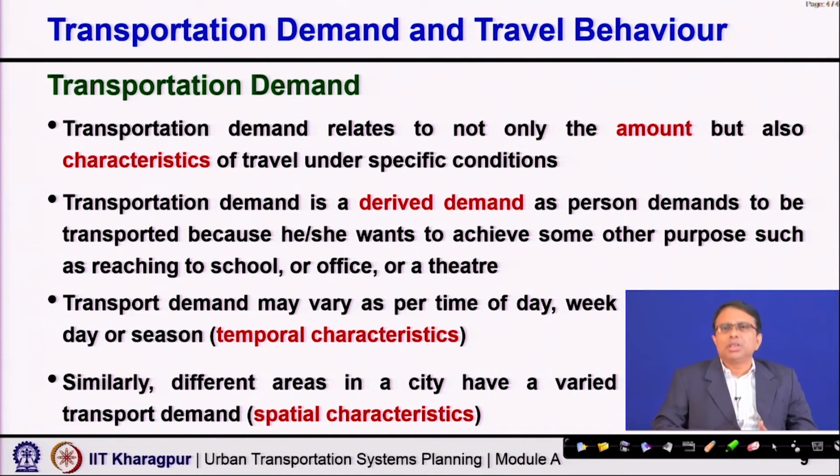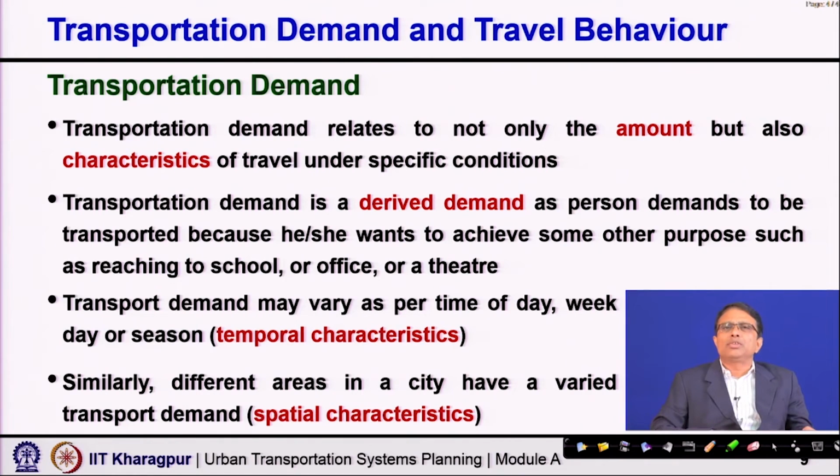The second thing you must understand is that transport is a derived demand. What do I mean by derived demand? It is not consumed because there is a direct demand for it. Most products which are demanded are consumed directly, right. But transport is not demanded automatically; it is demanded because of something else. You live somewhere, you want to go to school, and the school is located in a different place.